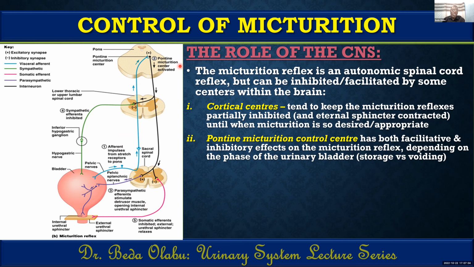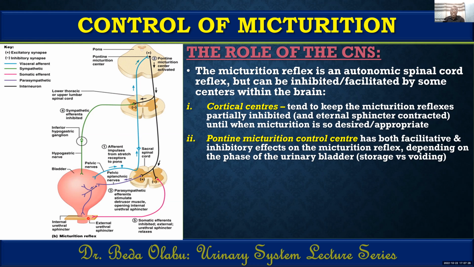The third target of the activated pontine micturition center is the somatic efferents to the urinary bladder through the pudendal nerve. So what the pontine micturition center does is basically to inhibit the somatic efferents to the external urethral sphincter.